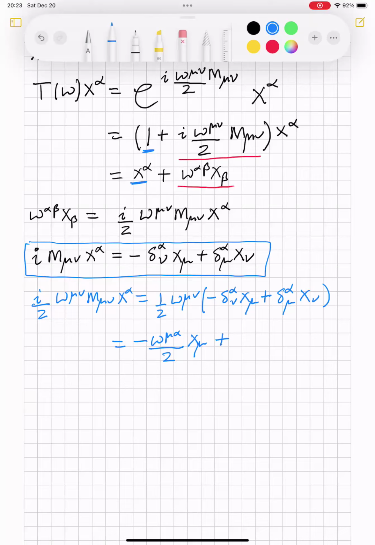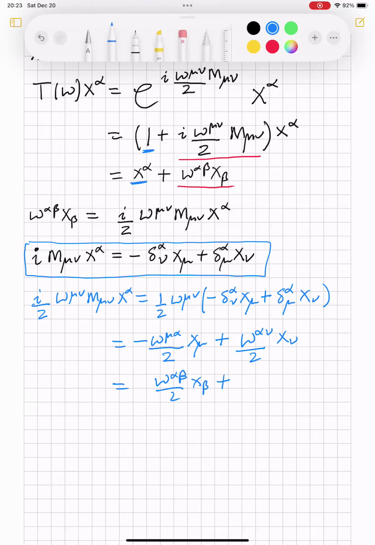Plus, when we multiply into the second term, we'll have an omega. Now the mu gets turned into an alpha. We'll have a nu. This is over 2. This contracts into x nu. Now we can swap the alpha mu on the first term, and that'll change the sign. And then if we relabel the dummies to maybe beta, we get omega alpha beta over 2 x beta.